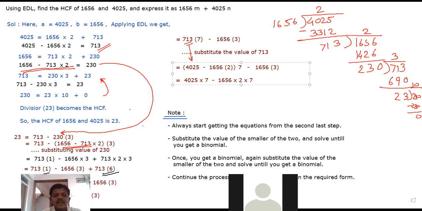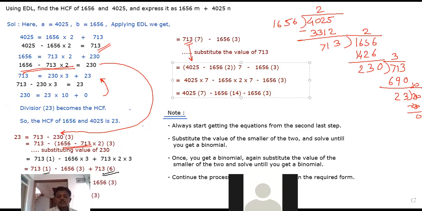First term with 7, second term with 7, minus 1656 into 3. See, now you're going to come very near to the answer. It is equal to 4025 into 7 as it is, minus 1656 into 14, minus 1656 into 3.